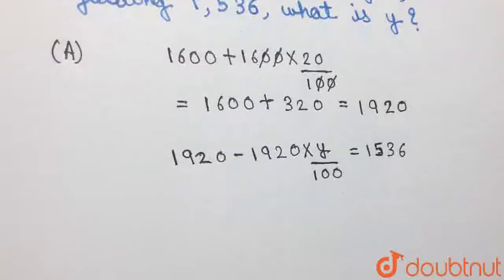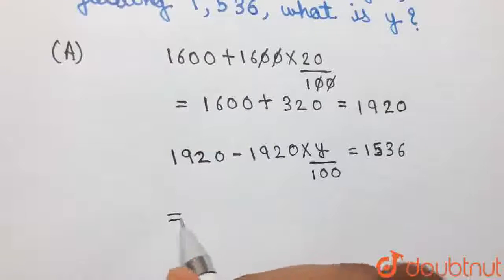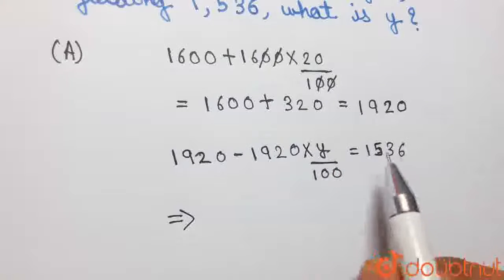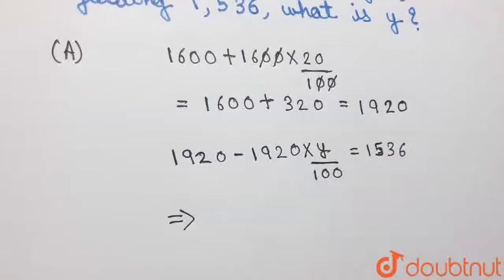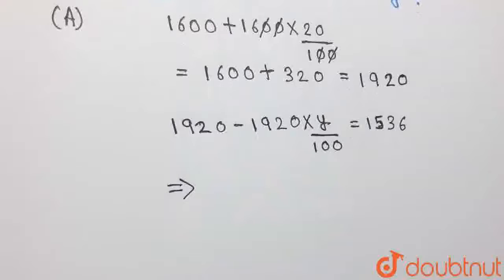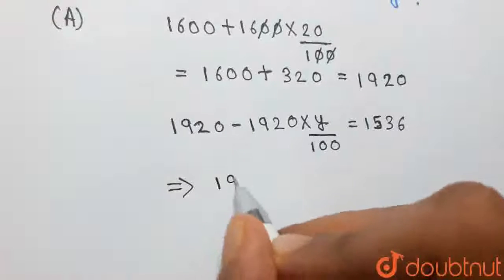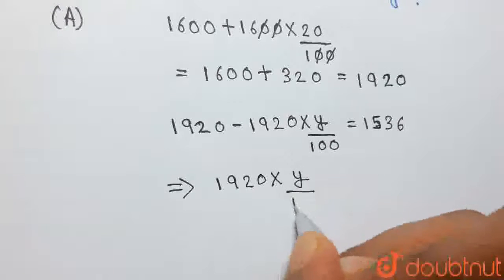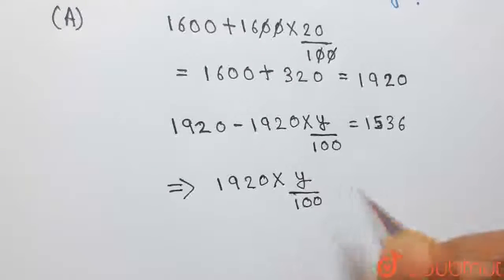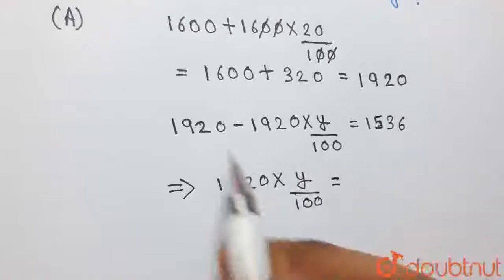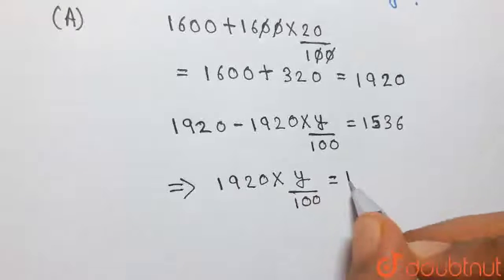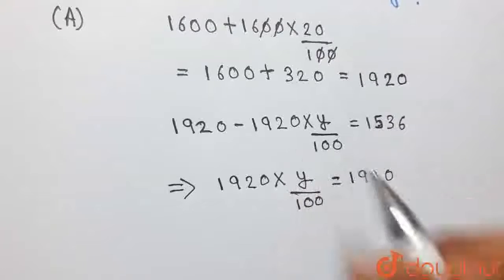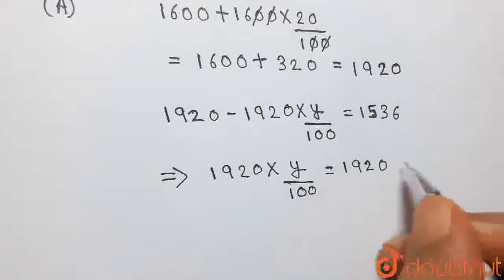Okay, so in this equation, taking this term 1920 into y by 100 to the other side and bringing the numbers to one side of the equation, we can write 1920 into y by 100 equal to, now on the other side we already had 1920, hence 1920, and 1536 comes over, which becomes minus 1536.